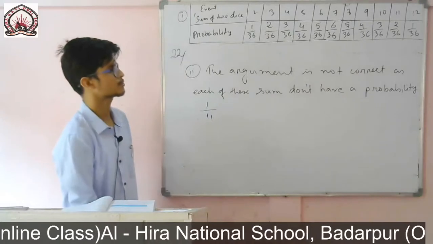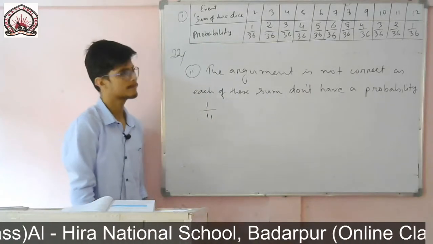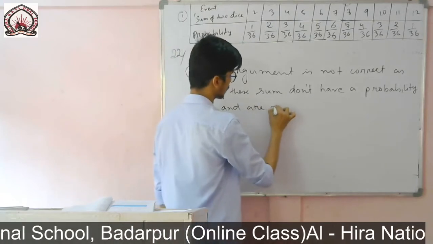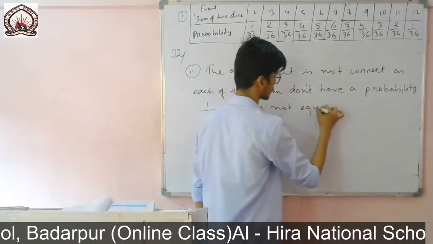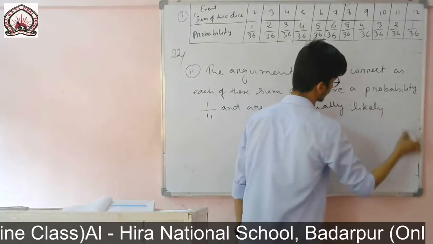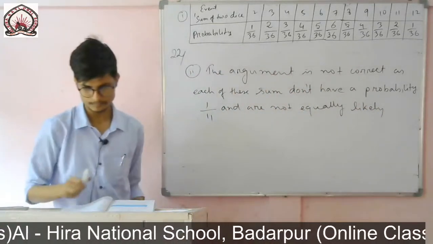Each of these sums don't have a probability 1 by 11, and they are not equally likely.